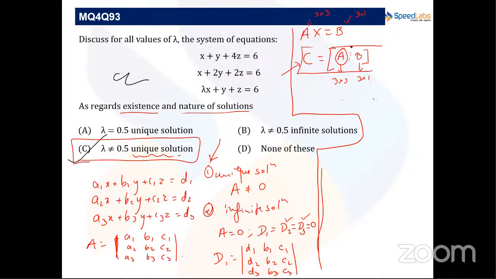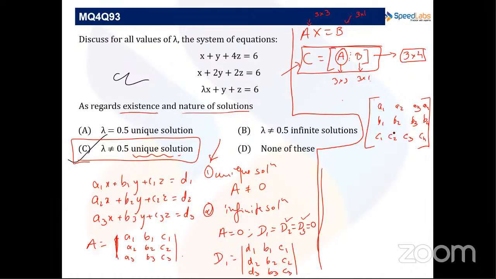So C will be a new matrix of order 3 cross 4. Now we are going to write it in the equivalent form. And what I mean by an equivalent form is, if we are having this, let's say A1, A2, A3, A4, B1, B2, B3, B4, C1, C2, C3, C4.